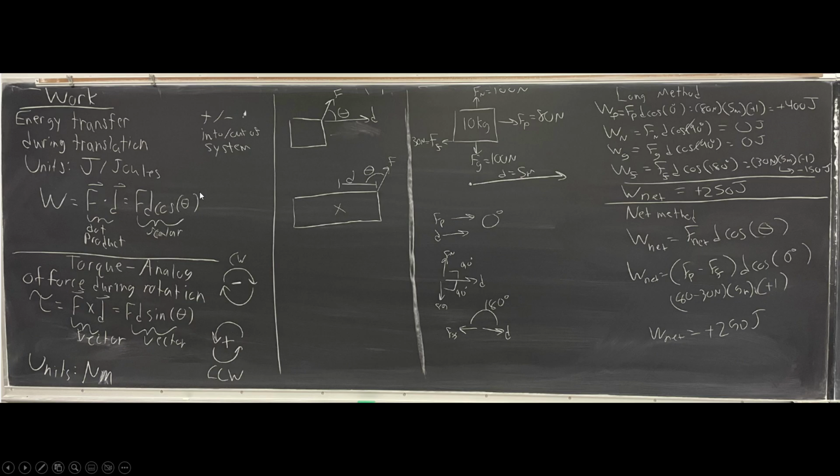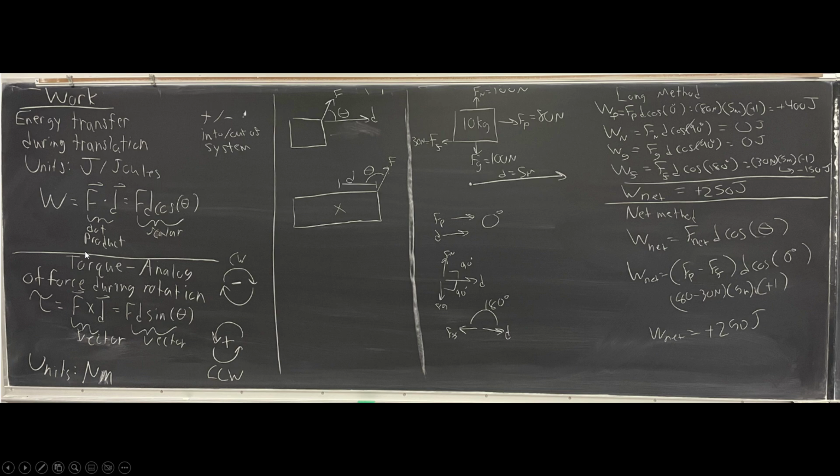And that's the angle that we'll plug into here. And the combination of force times distance times cosine of theta, that is a scalar, or work. Which means that unlike with vectors, where we need to do vector components to add things together, once we get work values for our system's forces, we can add up all those works together.